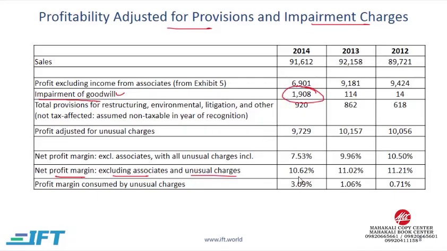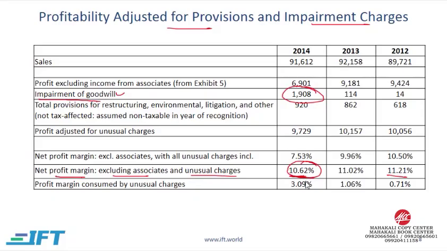And then he comes up with a somewhat higher net profit margin of 10.62. But even when he removes the impact of this impairment, we still have a downward trend. So despite the fact that goodwill is gone, we are still going from about 11% down to 10%.